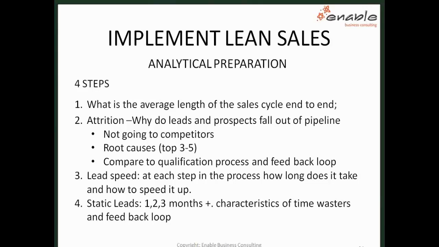If that's the case, then what can you do to weed those individuals out at an earlier stage as part of your qualification process? Or, and this is sometimes a more difficult thing, ask yourself, what value did we fail to add that made them sit on the fence?